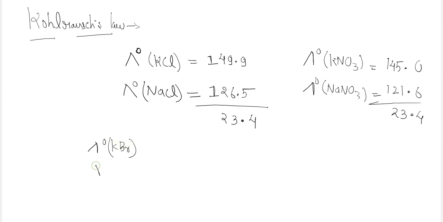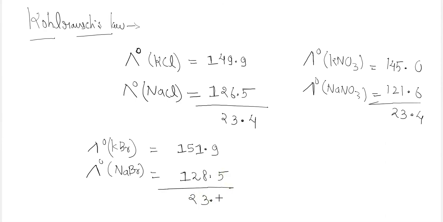One more example can be taken for potassium bromide and sodium bromide. Here the values are 151.9 and 128.5, so the difference is 23.4. So what is common here?